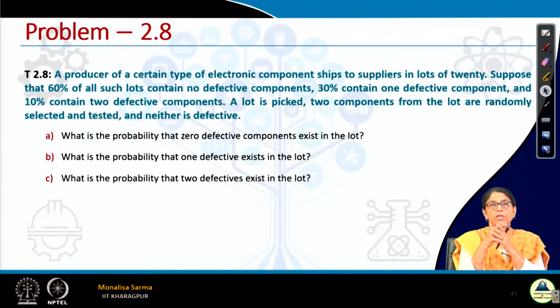If I had asked what is the probability that we get no defective component, then it would be a question of total probability. Now, I have asked about zero defects: we selected two components from the lot and found they are not defective. What is the probability that it has come from a particular disjoint area? So, it is a question of Bayes theorem.